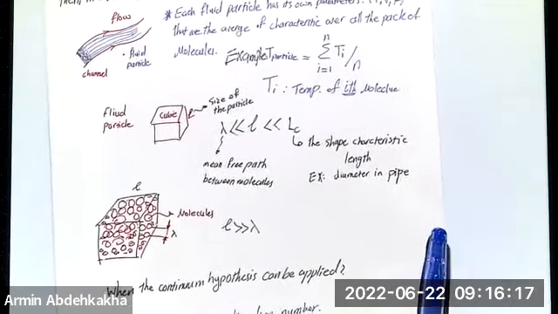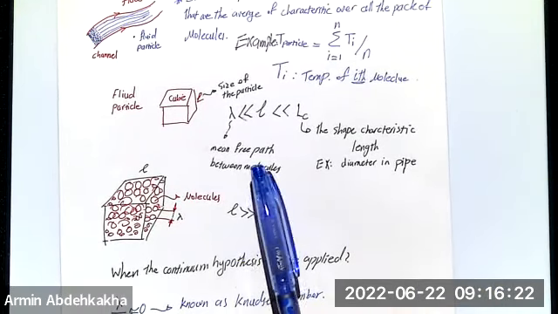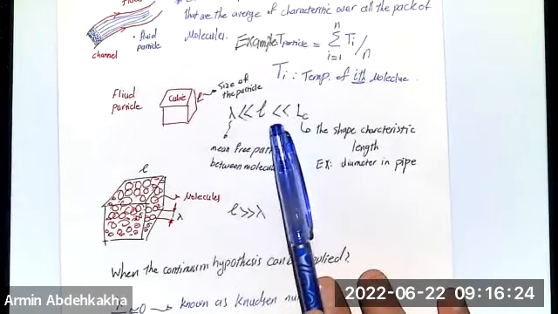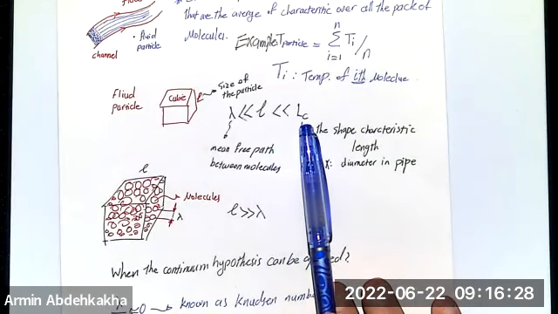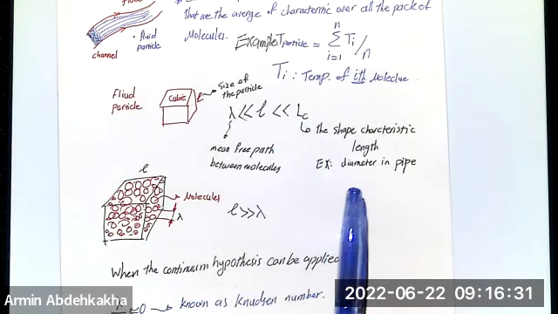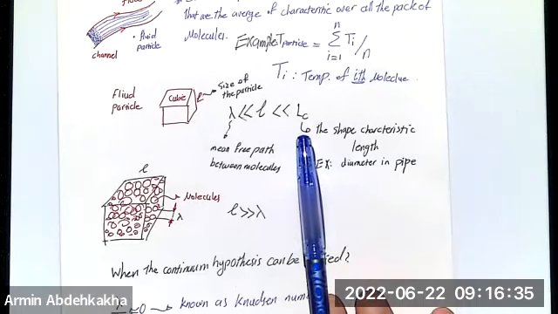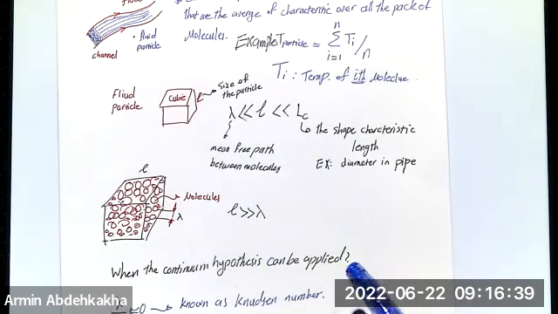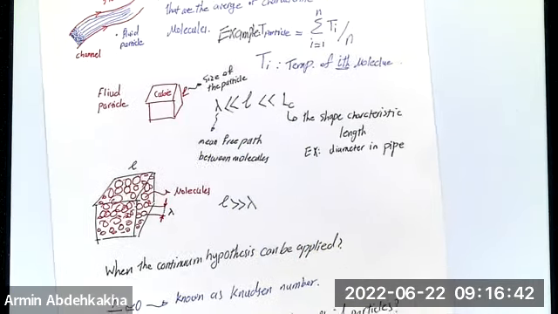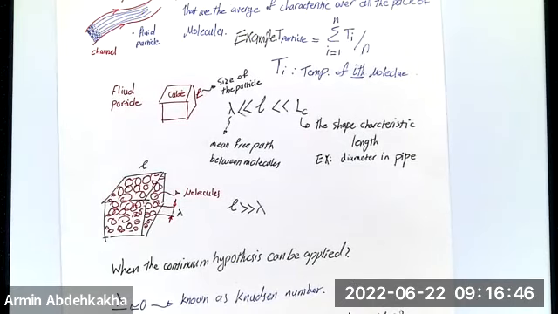Another thing that we have in fluid mechanics is the length scales. One length scale is L, which is the size of the cube. The second one is the shape's characteristic length, for example, the diameter in a pipe. And also the mean free path between the molecules. Mean free path means the distance between the molecules. Molecules are not at the same distance from each other.